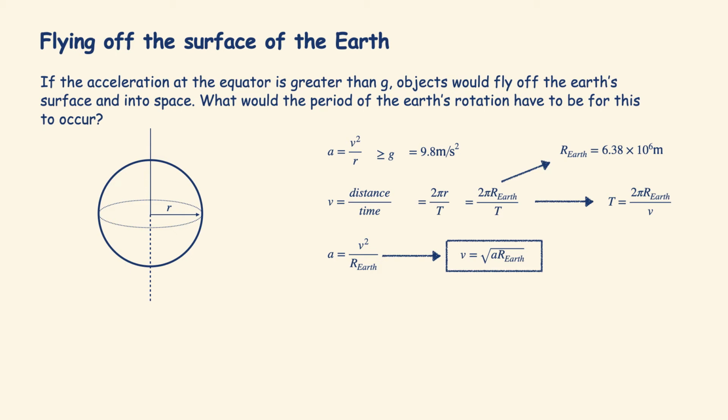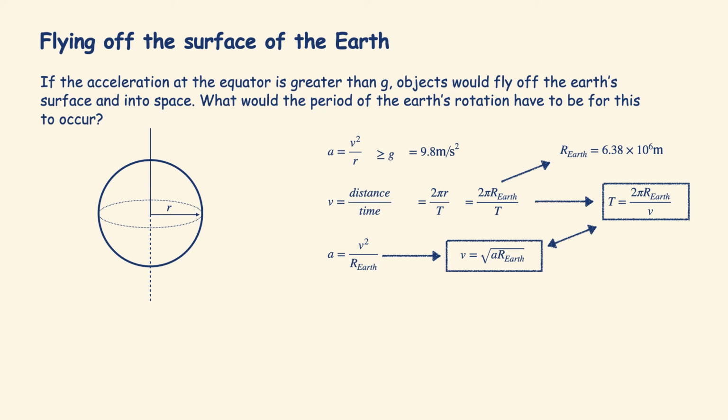And here is the solution to the problem, really, because if I take this formula and combine it with the relationship that I found between the period and the speed, I can determine what the period is if the centripetal acceleration should exceed g, or be equal, in the limiting case, to g, 9.8 meters per second squared.